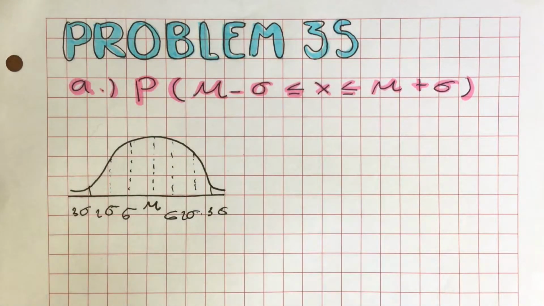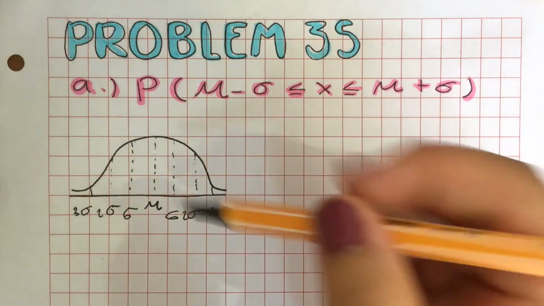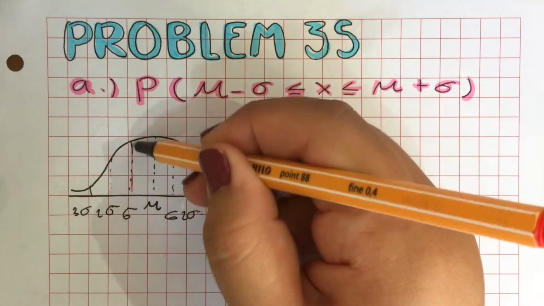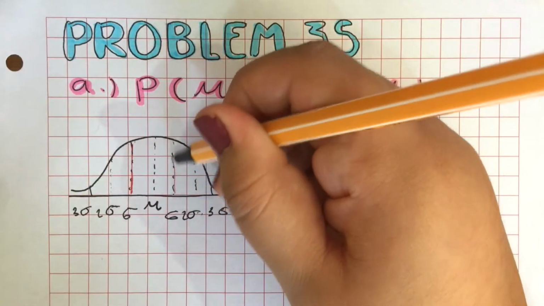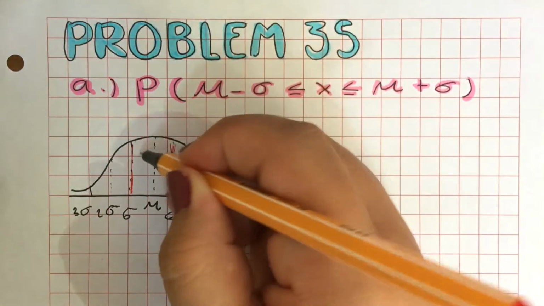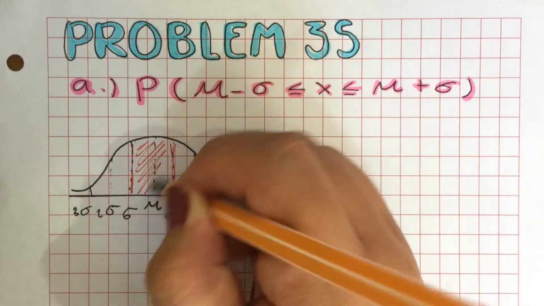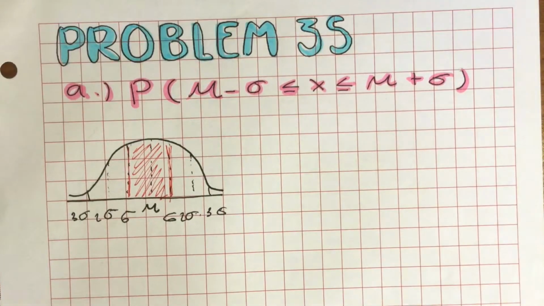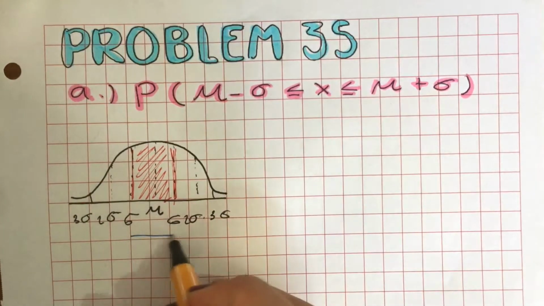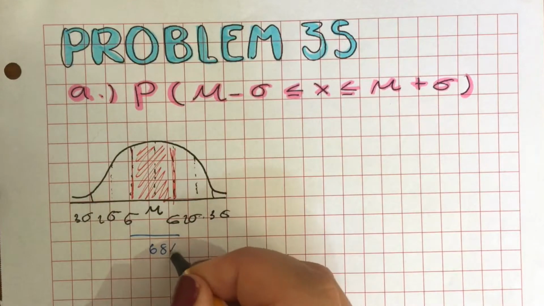After we have this, we know that they're asking us for the mu minus sigma, so here, and the mu plus sigma, so here. So basically, they're asking us for this range. In the original theory, we saw that from here to here, it's 68%.